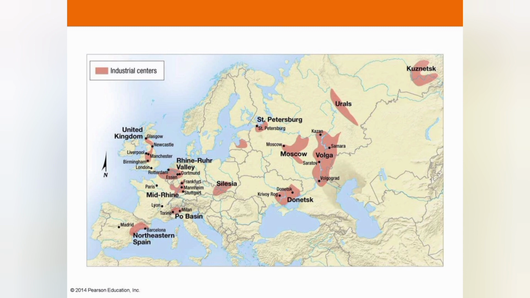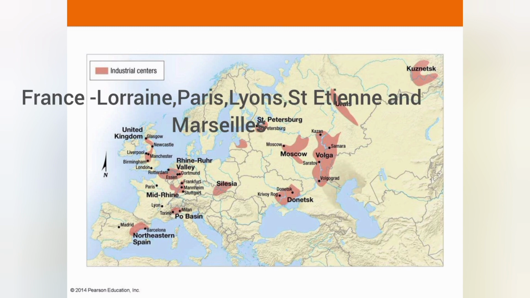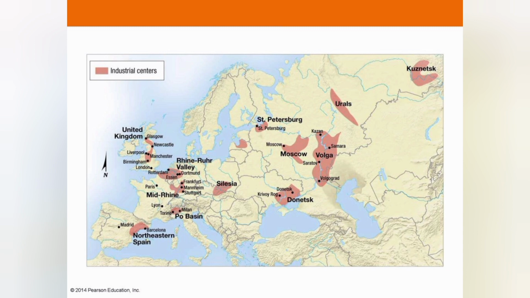In France, the most important industries are coking coal and iron ore, situated near Lorraine, as well as near Paris, which has a high population, and Lyons, Saint Etienne, as well as Marseille, which are major industrial cities.